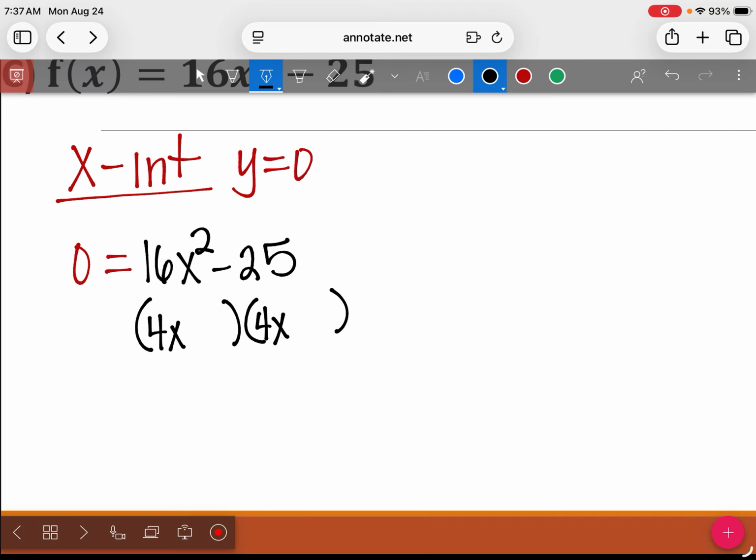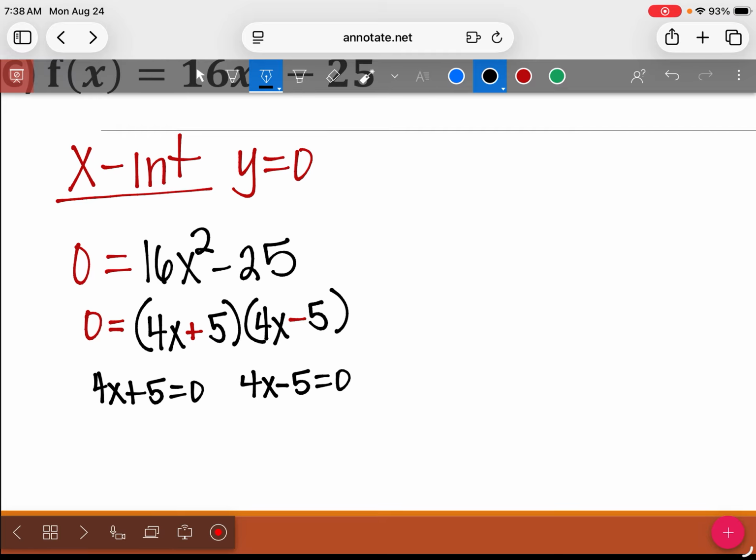What multiplies to be 16x squared is 4x times 4x, and what multiplies to give us 25 is 5 times 5. One has to be positive and one has to be negative. When you set both of these equal to 0, you would get your 2 answers, and both would be fractions.